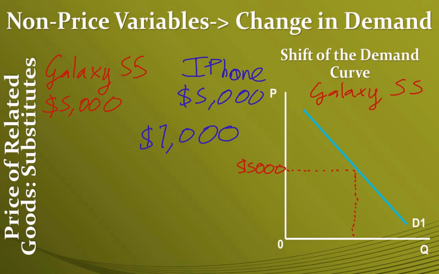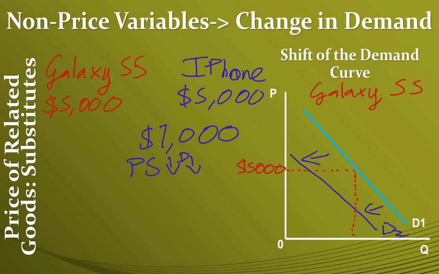If the iPhone were to reduce its price to 1,000 pesos, what would happen to the demand of Galaxy S5 is that it would drop down. It would shift, it would decrease. So again, if the price of a substitute goes down, demand for my original product will decrease.